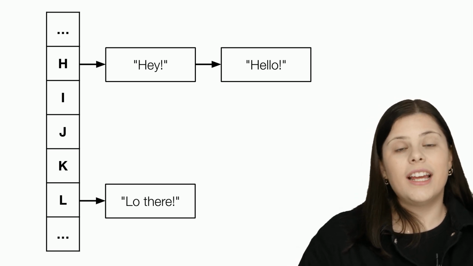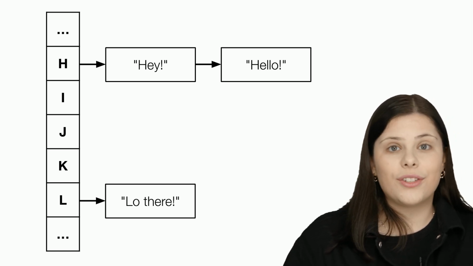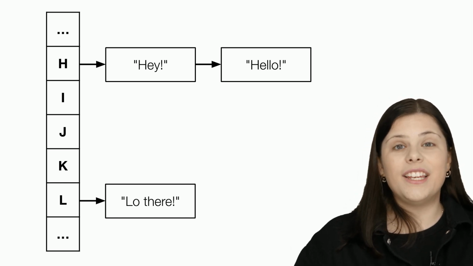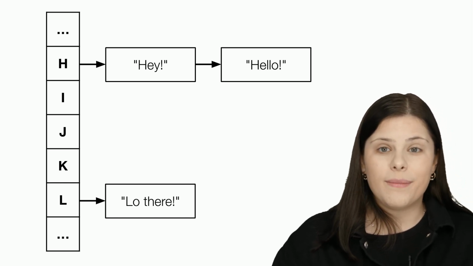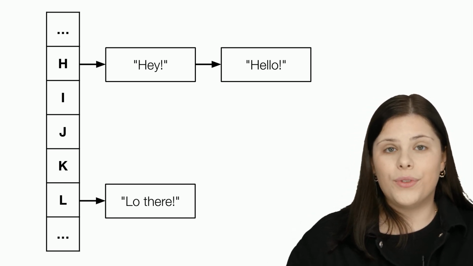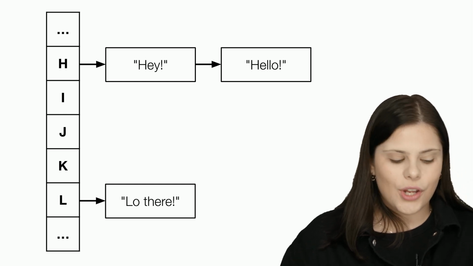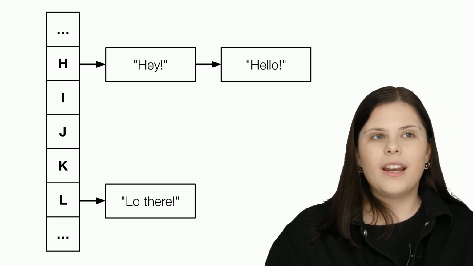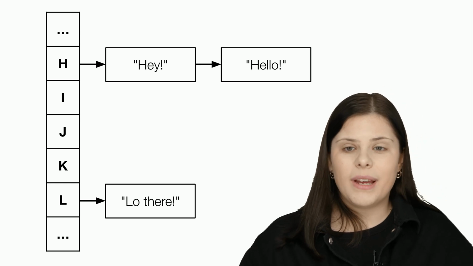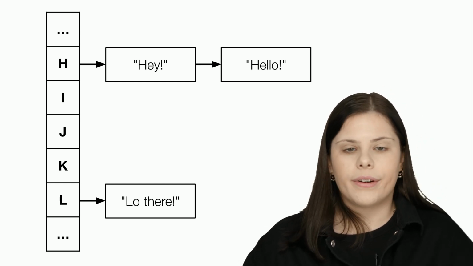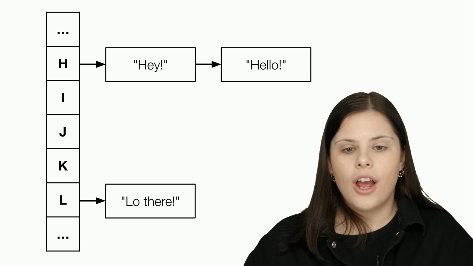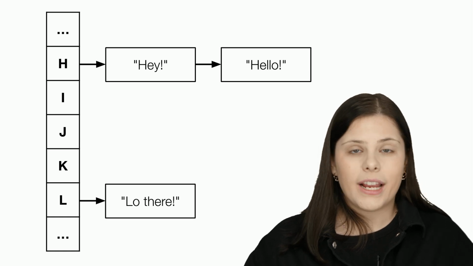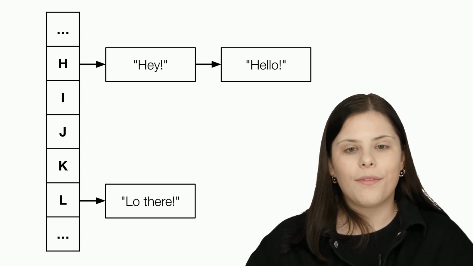And actually, hash tables are very efficient in searching because ideally each bucket has one or maybe just a few of those elements. And so looking things up is very easy, right? But visually right now, as a human, I can say, okay, hey corresponds to the bucket H, lo there corresponds to bucket L, for example, if we're just using the alphabet.